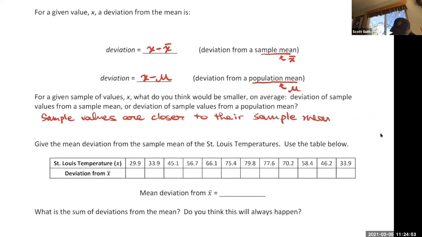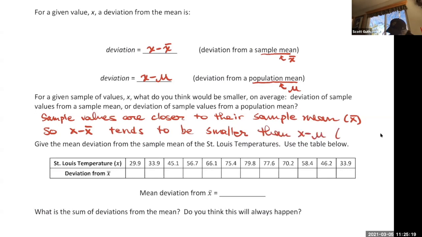Sample values are closer to their sample mean, x bar. So x minus x bar tends to be smaller than x minus mu. And when I say tends to be, I mean on average.